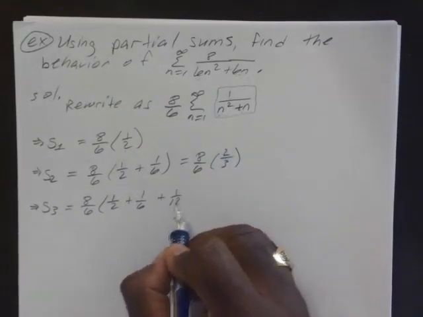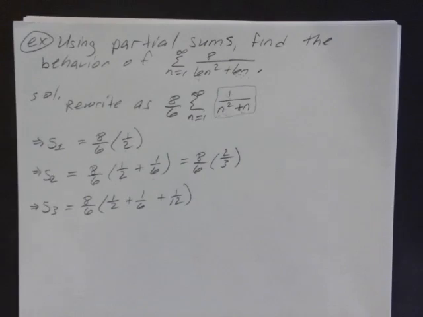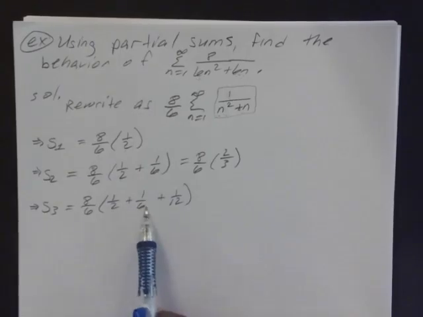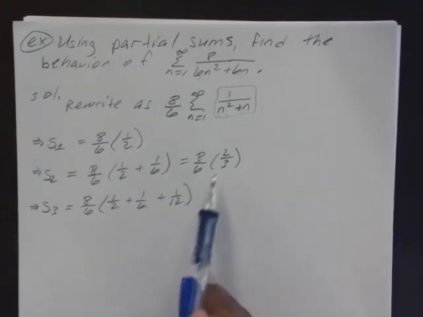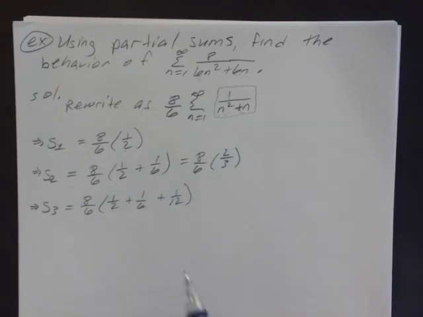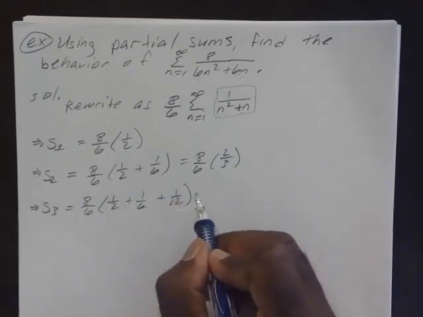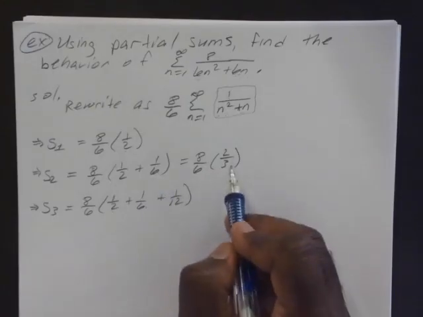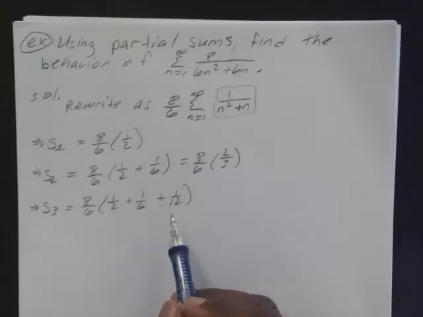So we have 1 over 12. Okay. Well, we already know this is 2/3 for 1/2 plus 1 over 6. So if we multiply 2/3 by 4 over 4, we get 6 over 12 plus 1 over 12.